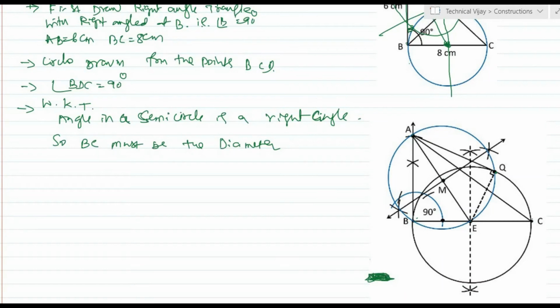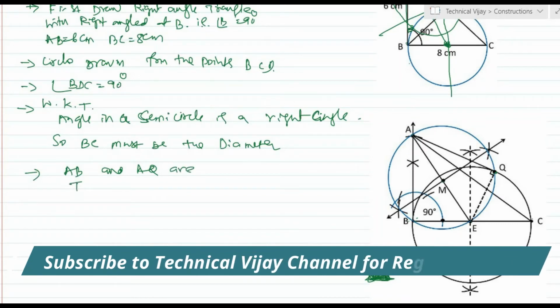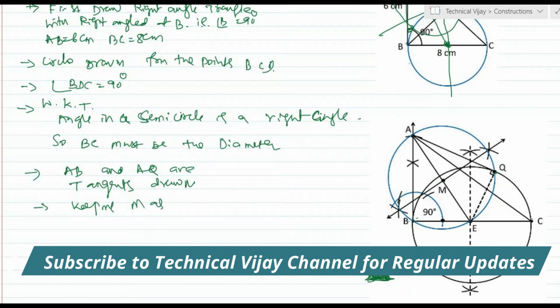This is the perpendicular bisector M. So after drawing the tangents, AB and AQ are tangents drawn keeping M as center and MA as radius. In this way AB and AQ are the tangents.